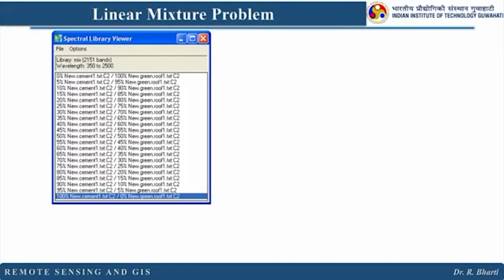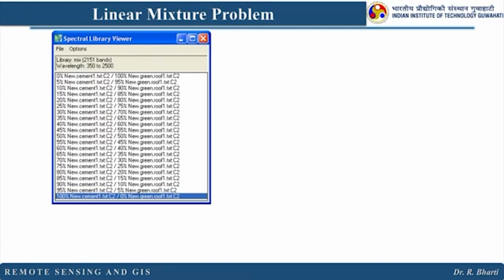Now, the next is the linear mixture problem. Now, you have understood one pixel may have X, Y, Z material and their spectral signatures are different from each other, but when we do this remote sensing, we get only one value for that pixel. So, everything gets averaged. So, what do we have to do?